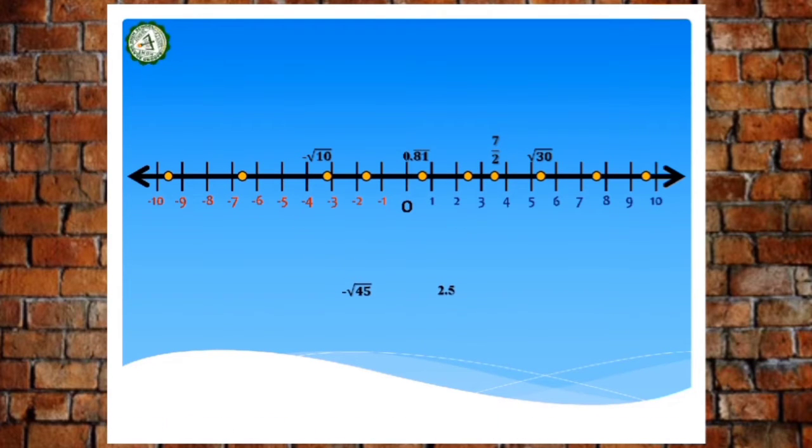This time, negative square root of 45 and 2.5. Very good. It's less than. Remember again that a negative number is always less than a positive number. Negative square root of 10 and negative 8.